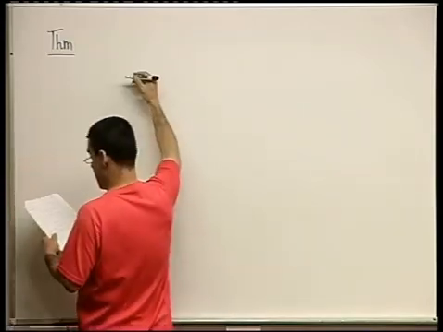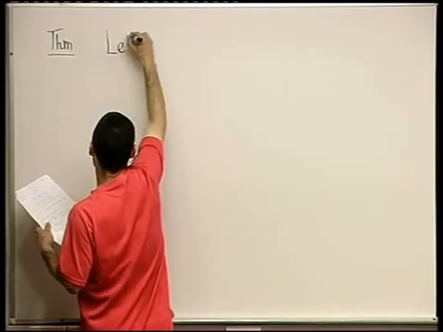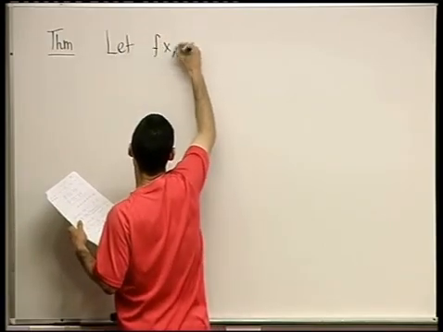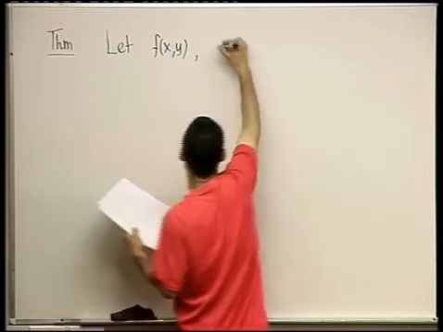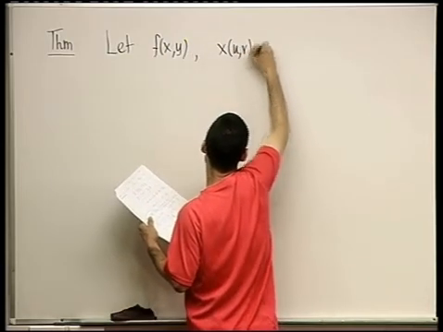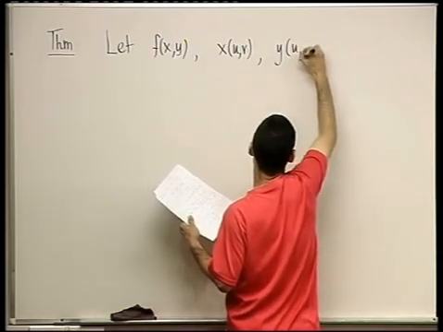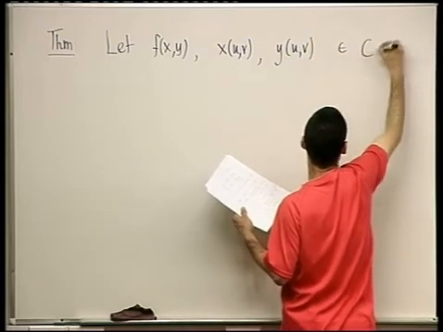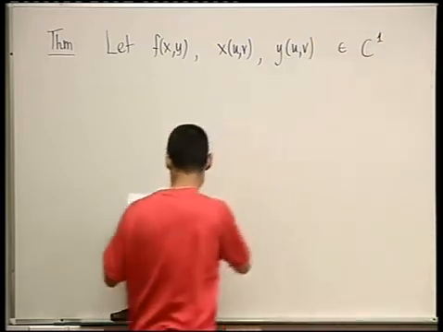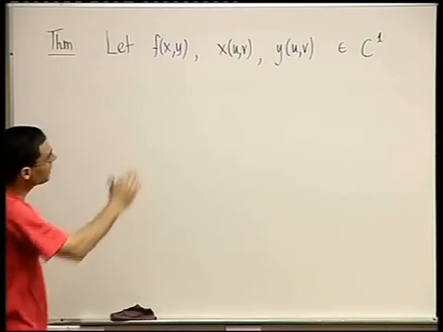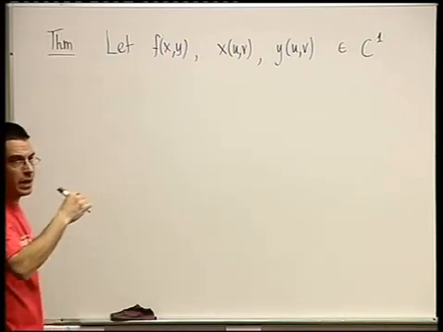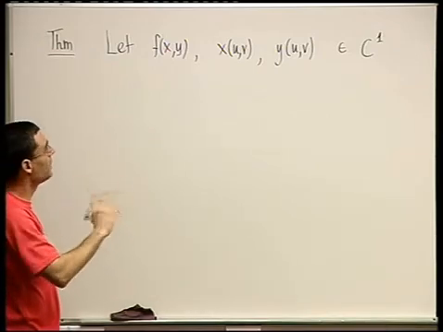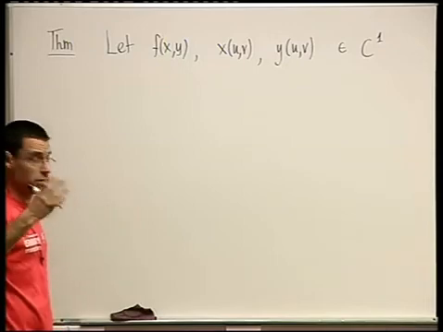So now we're going to have f of x, y, a function of two variables, x of u and v, and y of u and v. All of them I'm going to suppose are C1. I'm not going to state precisely what the domains are, but I'm going to assume that they compose nicely.